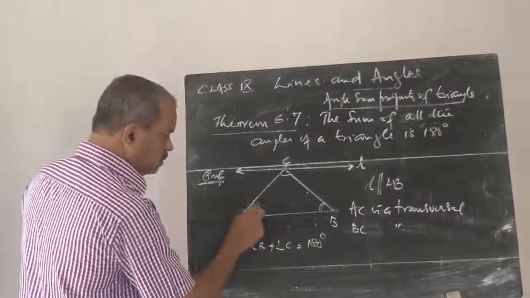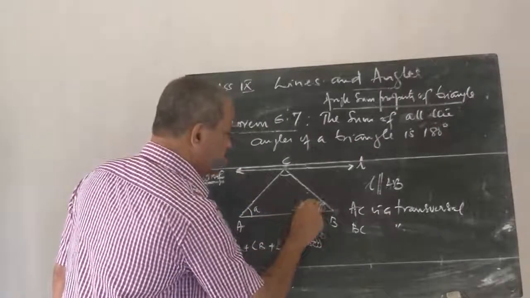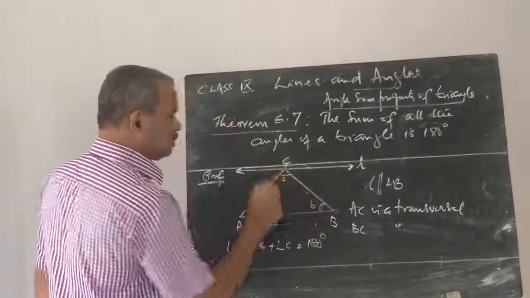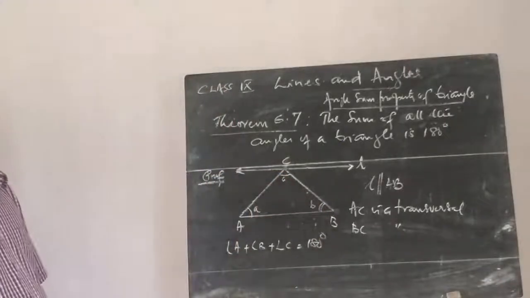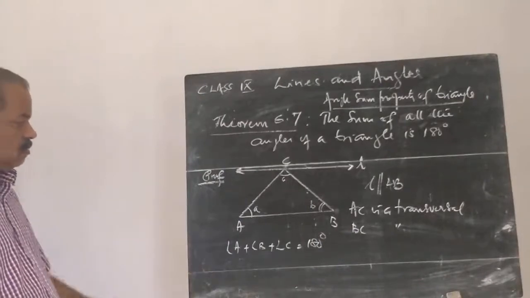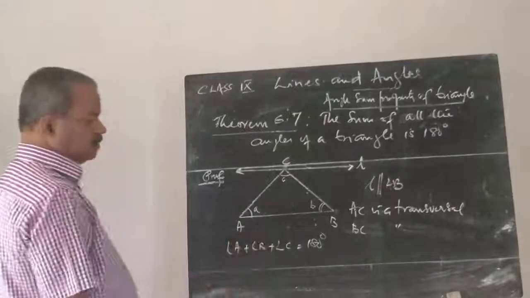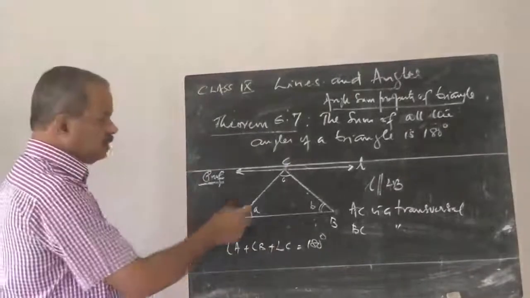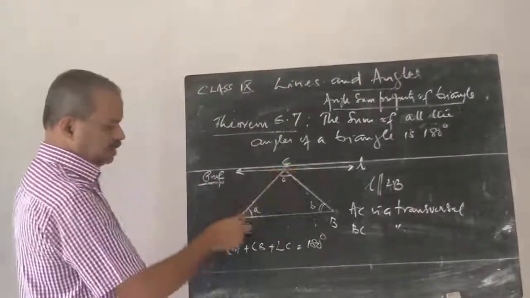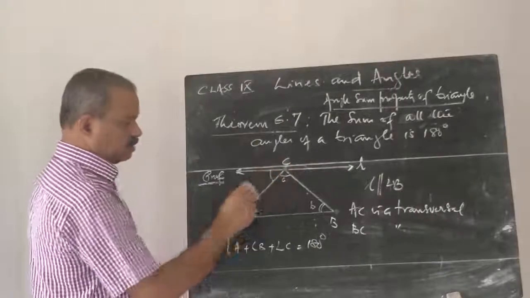Suppose the measure of this angle is A, the measure of this angle is B, and the measure of this angle is C. Since AC is a transversal, what is the relation between these two angles?